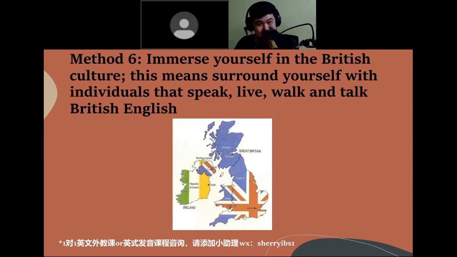So the best thing is if you approach them and they respond, then that is a good sign that the British person or the American person is willing to engage with you in conversation. Then you can take that as a cue to further communicate, because it's all about opening up. Okay, so if you have friends, lucky you, you can practice with them.